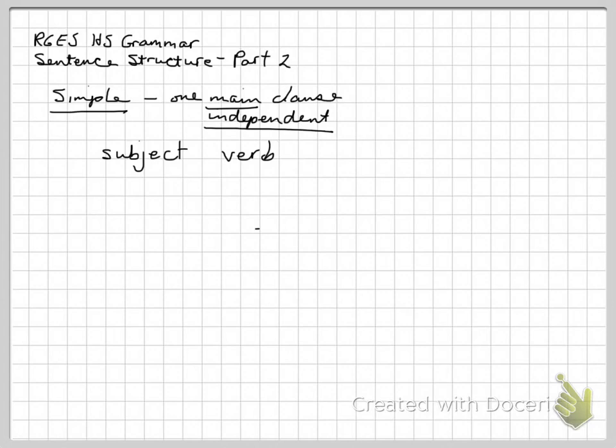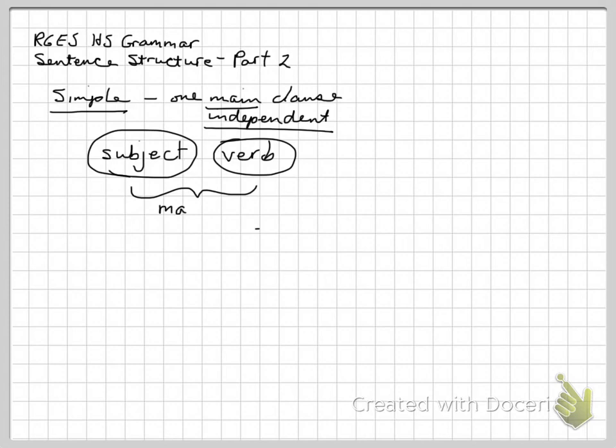Okay? But in either way, we have who or what the sentence is about, and what they are doing, or who they are, or what it is if it's not a person. So this is called a main clause or an independent clause if it makes sense by itself. It's a combination of subject and verb that makes complete sense.